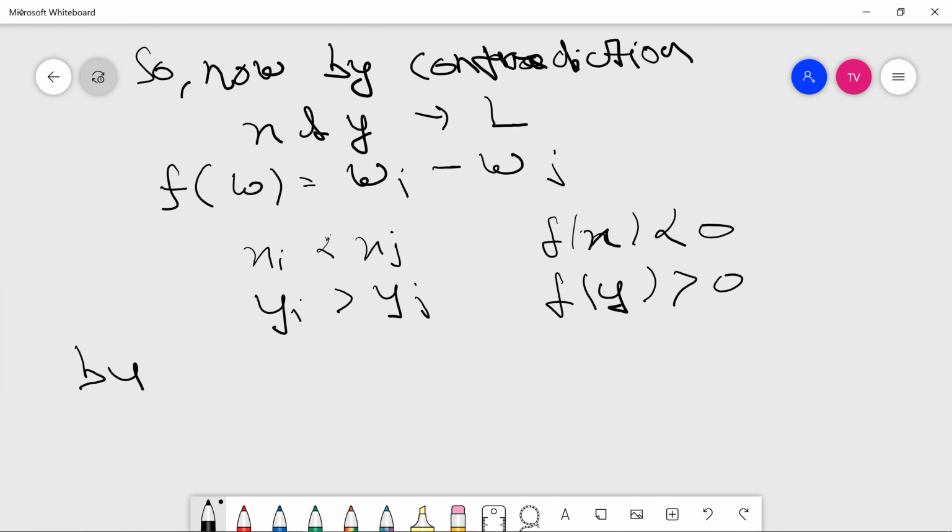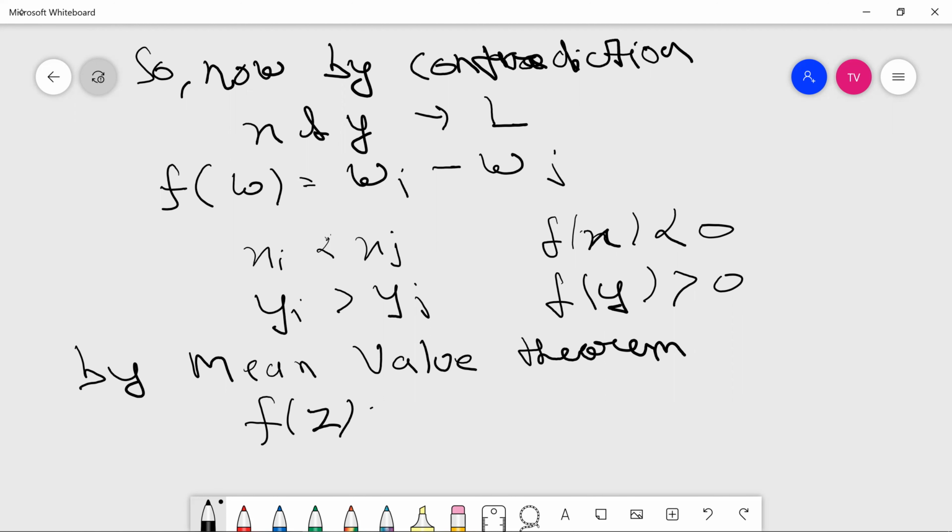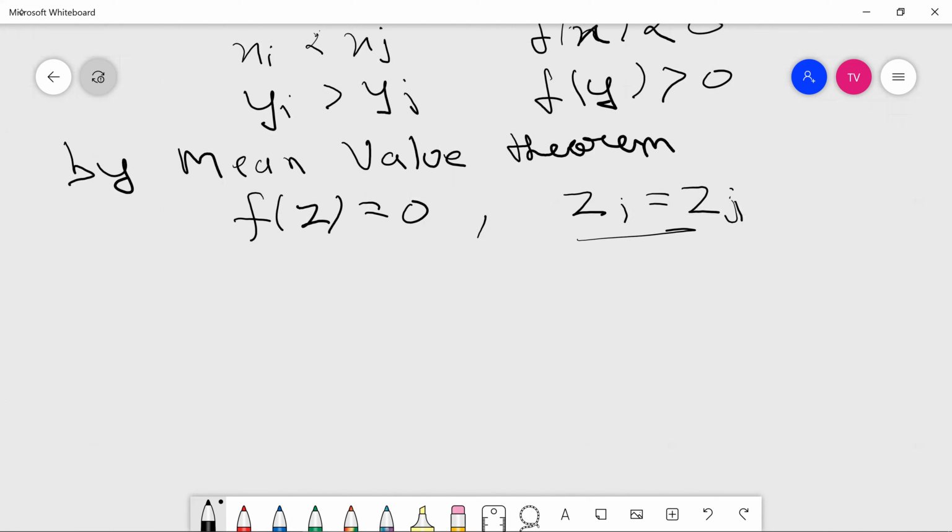And by the mean value theorem, we can say f of z equals 0, that is zi equals zj, meaning that z is not distinct.